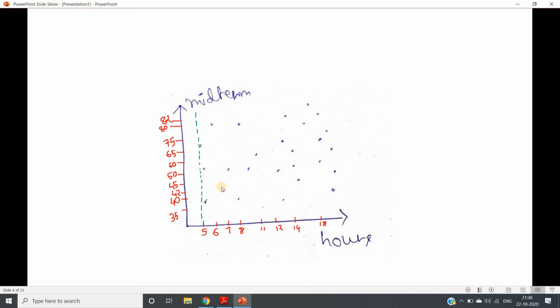I hope you know from linear regression what a residual is. That is our actual value minus what our model is predicting, and if you square them and take the summation for all the individual data points, we get the sum of squared error.